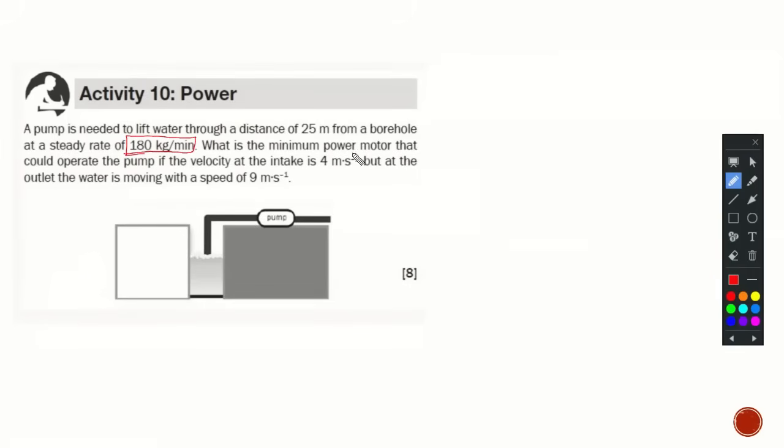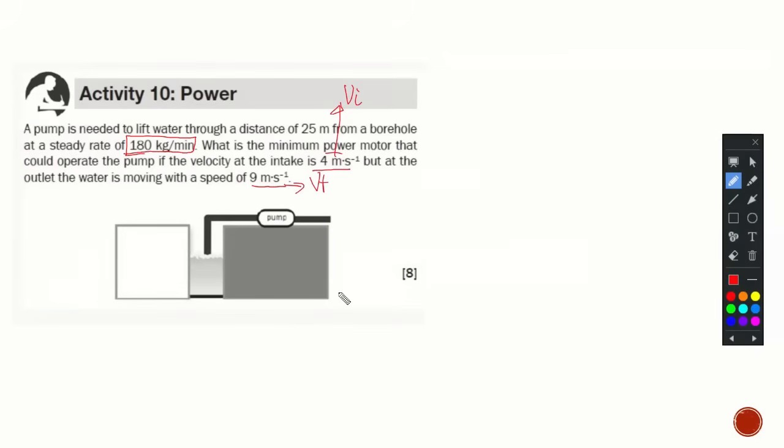What is the minimum power motor that could operate the pump if the velocity at the intake is 4 meters per second, but at the outlet, the water is moving with a speed of 9 meters per second? So that means we will consider this to be our V initial at the intake, and at the outlet, this is our V final.